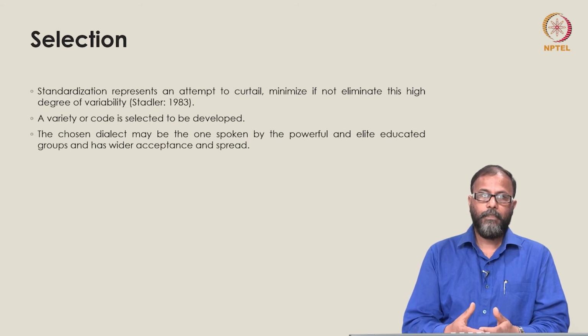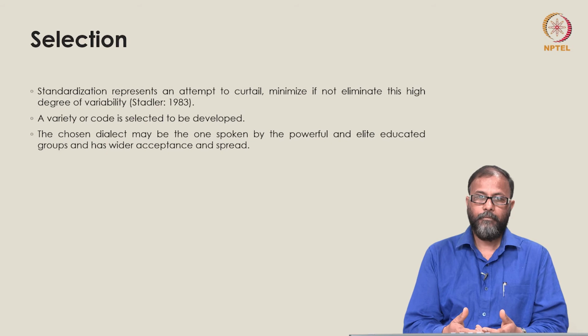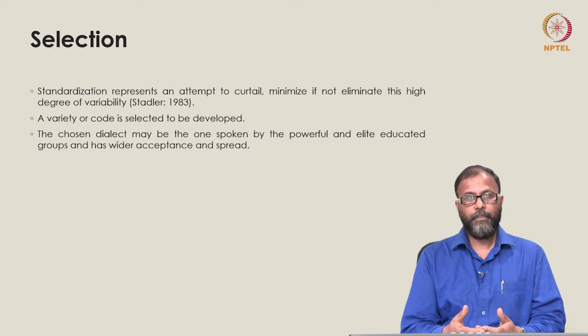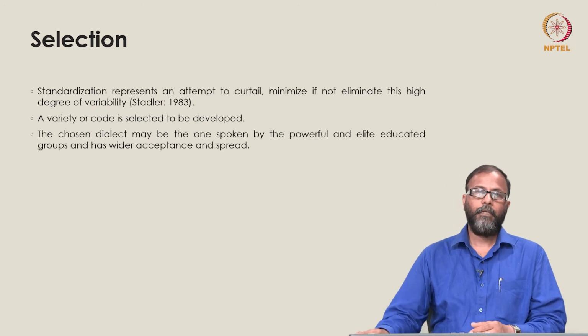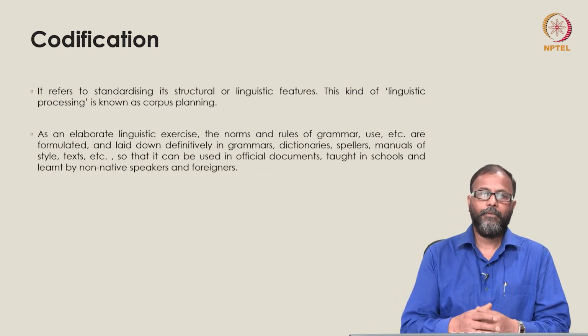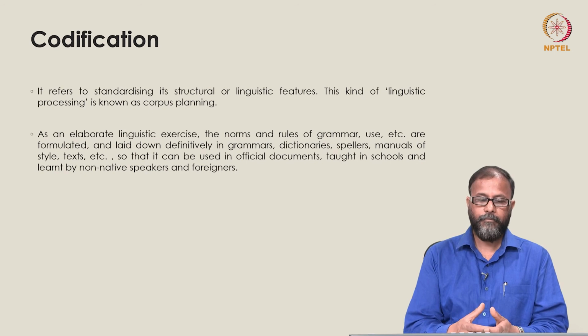So these languages have been chosen and have undergone a huge amount of codification. So selection is the first stage. Once you select, then we go to the next stage. And what is that next stage? Codification. And what do you mean by that?